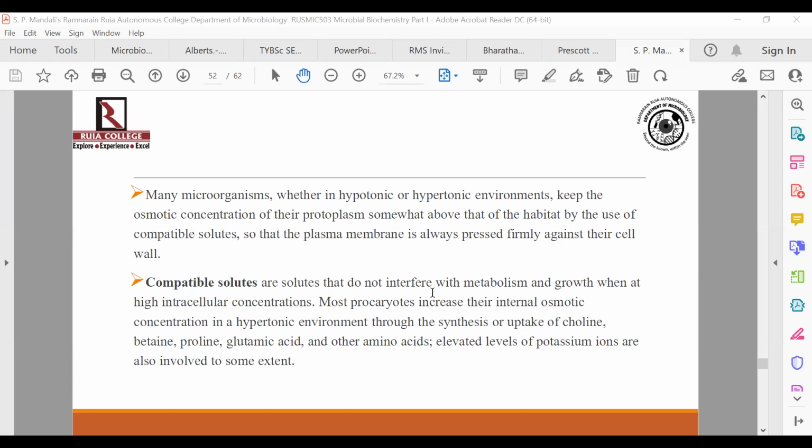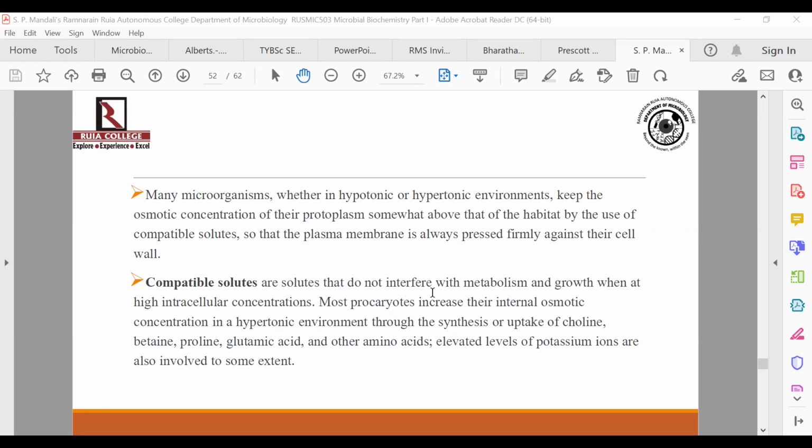What are compatible solutes? Whenever there is a hypertonic environment wherein there is a lot of solute concentration outside and the cell fears that it's going to lose all the water, it tries to accumulate a lot of compatible solutes inside it. Because these solutes will try to hold the water, and they will also bring up the solute concentration inside the cell equivalent to what the concentration is outside.